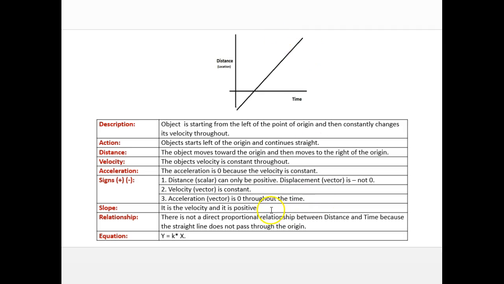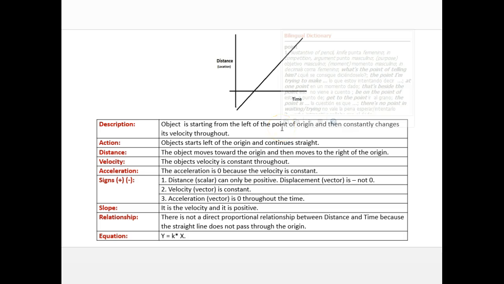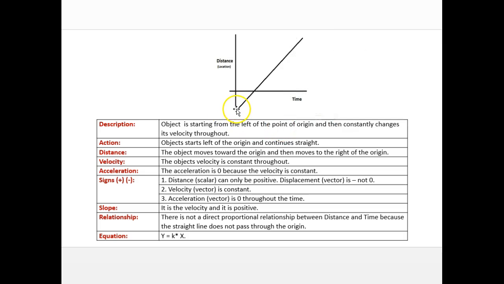What is most important in this case is that the object is starting from the left of the origin, from the left of 0 distance. Remember, this is a distance-time curve. Gotta be very careful here.